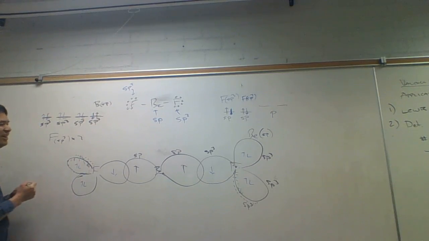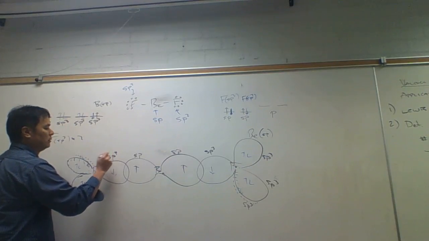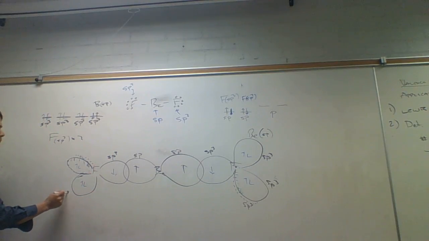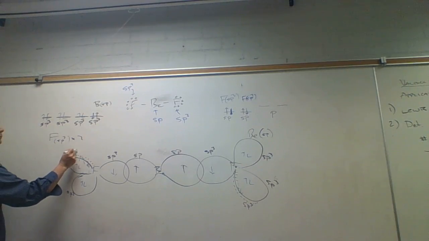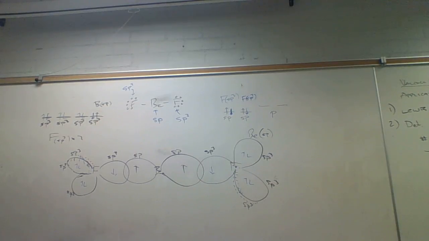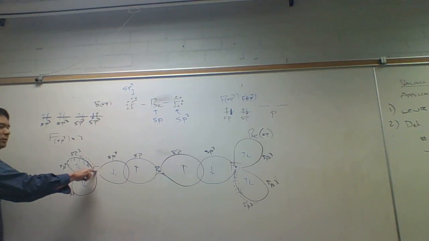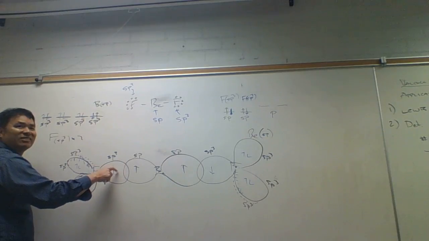And then again, we're going to have a bond, but what is this bond called? What is this bond called? Is it a sigma bond? Yeah, because if I drew a line connecting the two nuclei, the overlap is in that region.